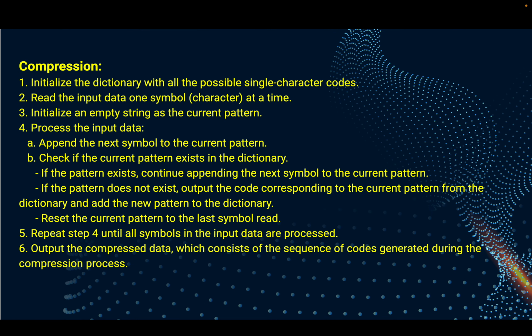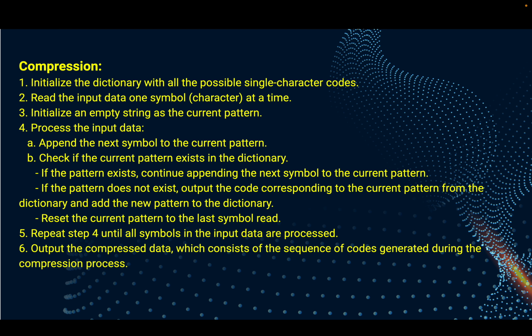First, initialize the dictionary with all possible single character codes. Read the input data one symbol at a time. Initialize an empty string as the current pattern. Process the input data. Append the next symbol to the current pattern. Check if the current pattern exists or not. If the current pattern exists, continue appending the next symbol to the current pattern.